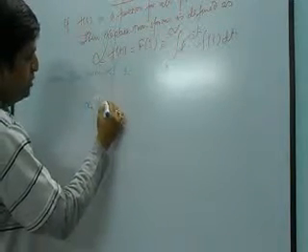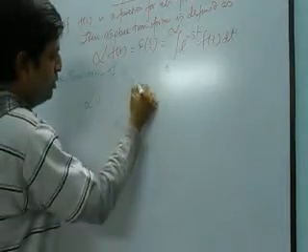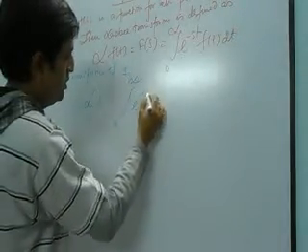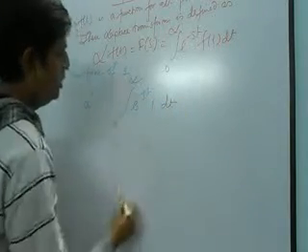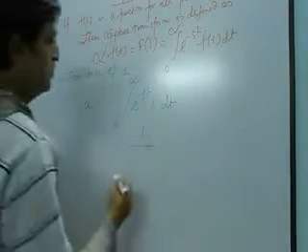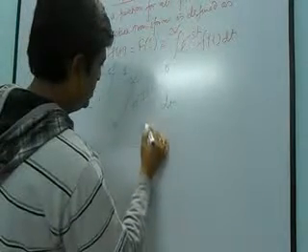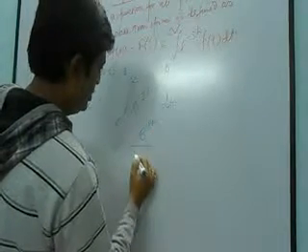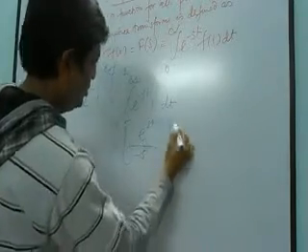By definition, it is the integration from 0 to infinity of e to the power minus st times 1 dt, that is equal to 1 by minus s times e to the power minus st from 0 to infinity.